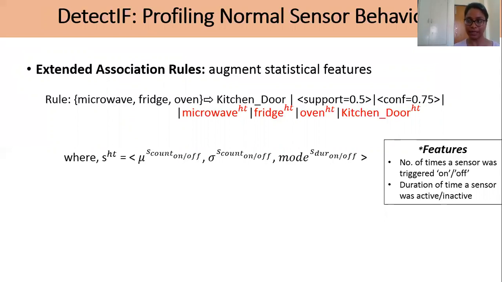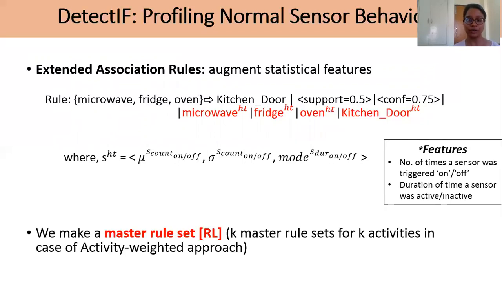So we come up with statistical features like mean, standard deviation and mode of these features, and the same as microwave, we also do it for fridge, oven and kitchen door. So we add these external statistical features with the actual rule and build a master rule set.